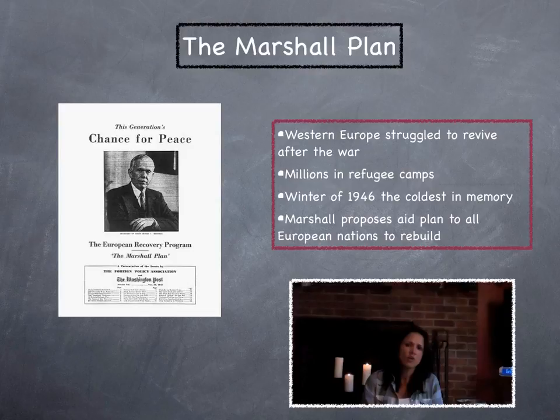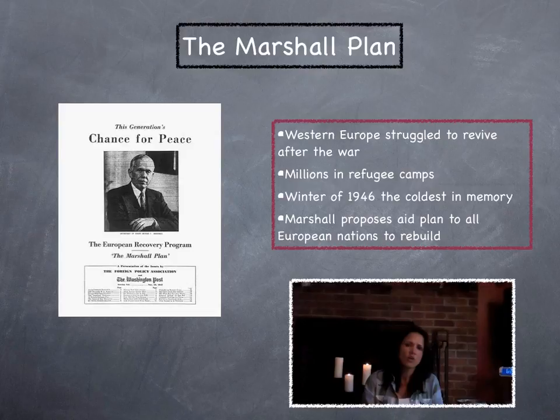And with this fear of the spread of communism, how is communism going to spread? Communism is going to spread to people who are unhappy, who are struggling, who are starving, who are freezing, who are living in refugee camps, who aren't being taken care of by their democratic capitalist government. They're going to be looking for answers somewhere else.